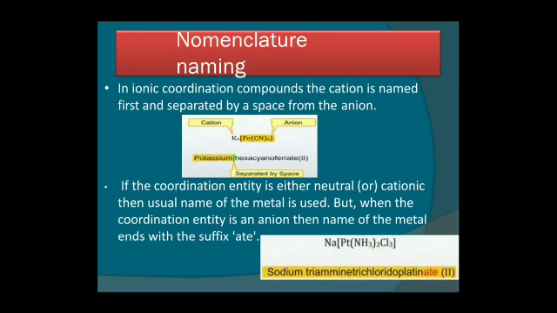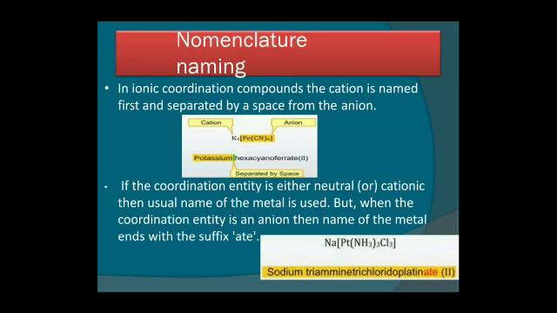So what will be the name of this? Sodium, first sodium, then triammine, trichloro, platinate. Because if the entity is anionic, the metal name ends with ate.